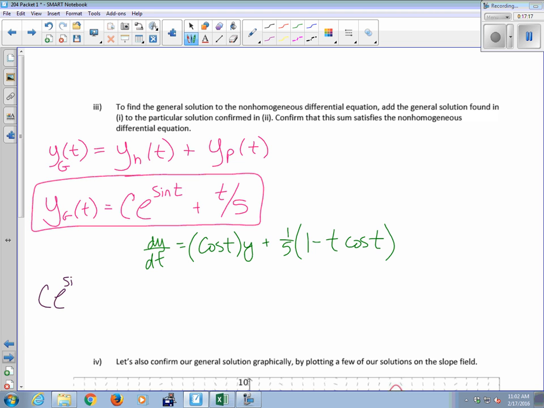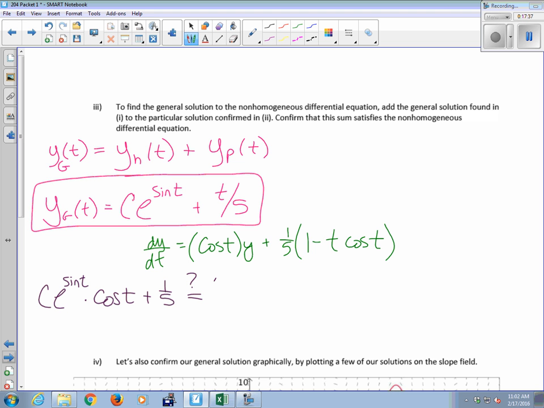C e to the sine t, right? Times the derivative of the stuff, the cosine t, the chain rule. Okay. Plus the derivative of t over 5 is 1/5. Okay, so that's dy dt, the derivative of the solution we found. And then on the right-hand side of the equation, you just replace the y with the solution we found.